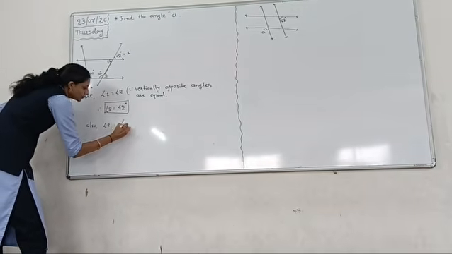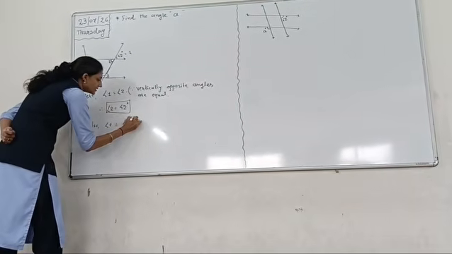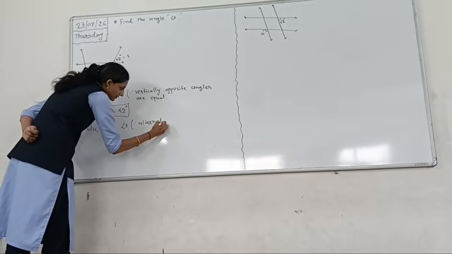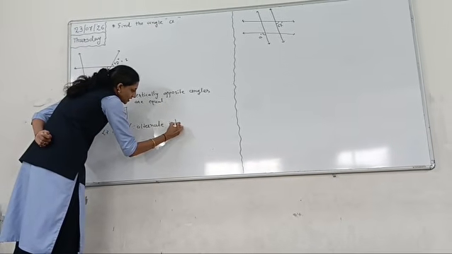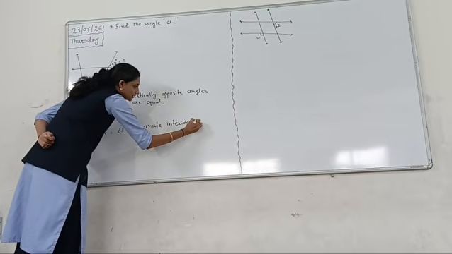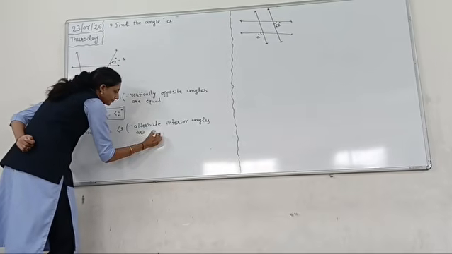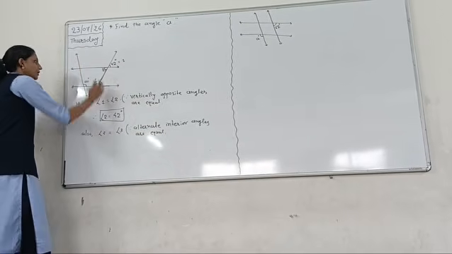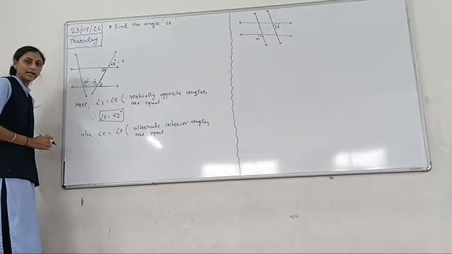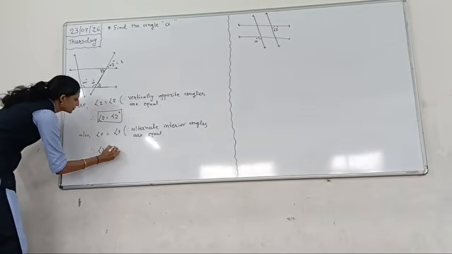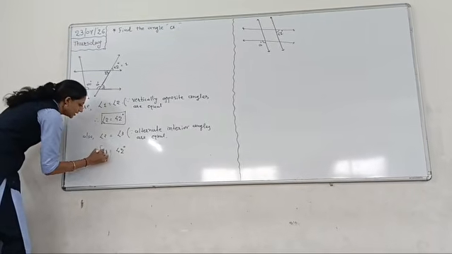Angle 2 equal to angle 3. The reason is that alternate interior angles are equal. So 2 and 3 both are equal. So we get angle 3 equal to again 42 degrees.